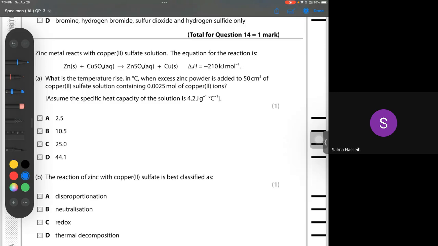The equation for the reaction is this. What is the temperature rise in degrees Celsius when excess zinc powder is added to 50 centimeter cube of copper sulfate solution containing 0.0025 mole of copper 2 ions? Assume that the specific heat capacity for the solution is 4.2 joules per gram per degree Celsius.